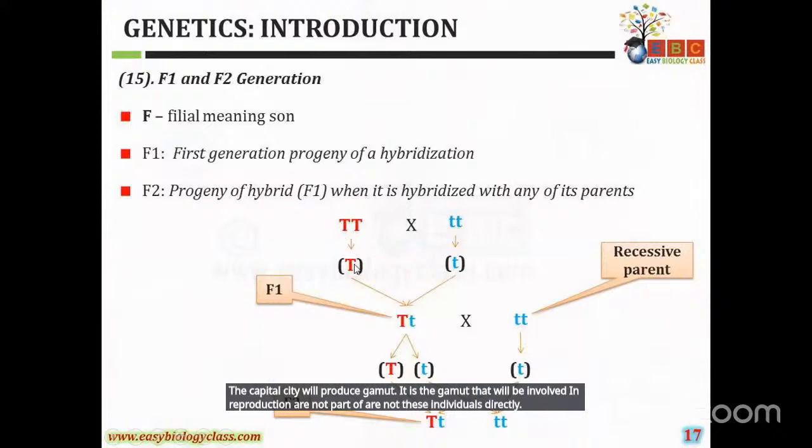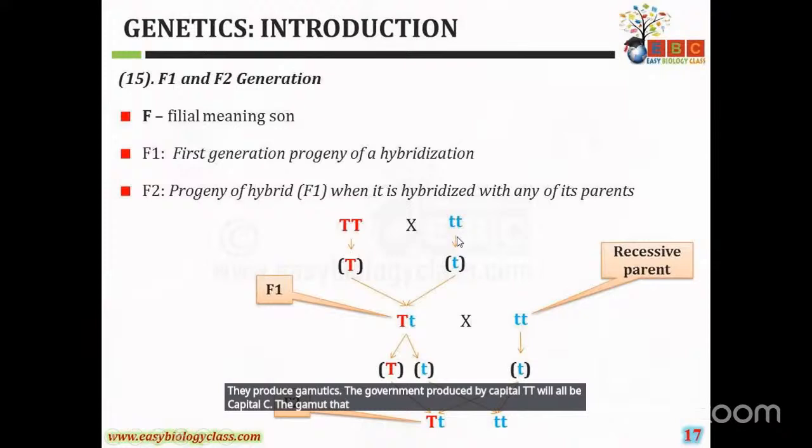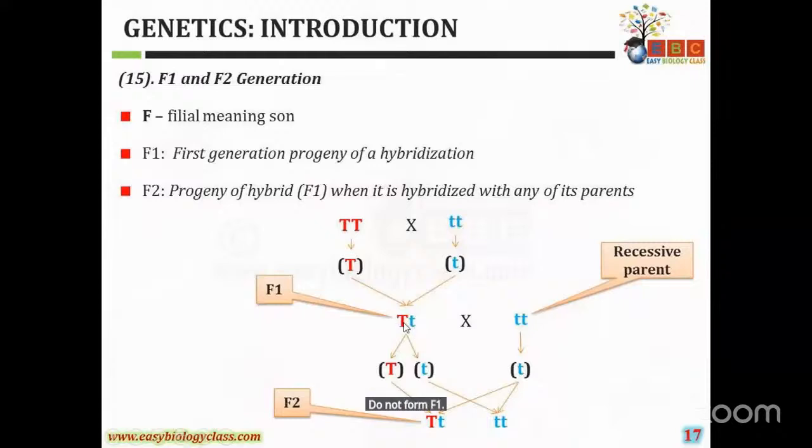The gamete produced by capital TT will all be capital T. The gametes, that is sex cell now, produced by small tt will be small t. So it is those gametes that will fertilize each other to now form F1, which are the capital T, small t, which are also the hybrid. Okay, so this is F1.